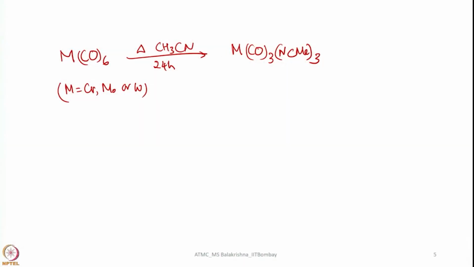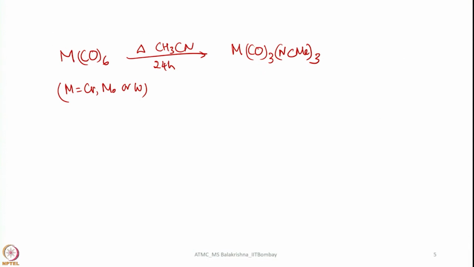Now, you can ask me why only 3 acetonitriles have been substituted, why not 4 or 5? You should remember the metal is in the 0 valent state, and once this compound is formed, it is an 18 electron species.